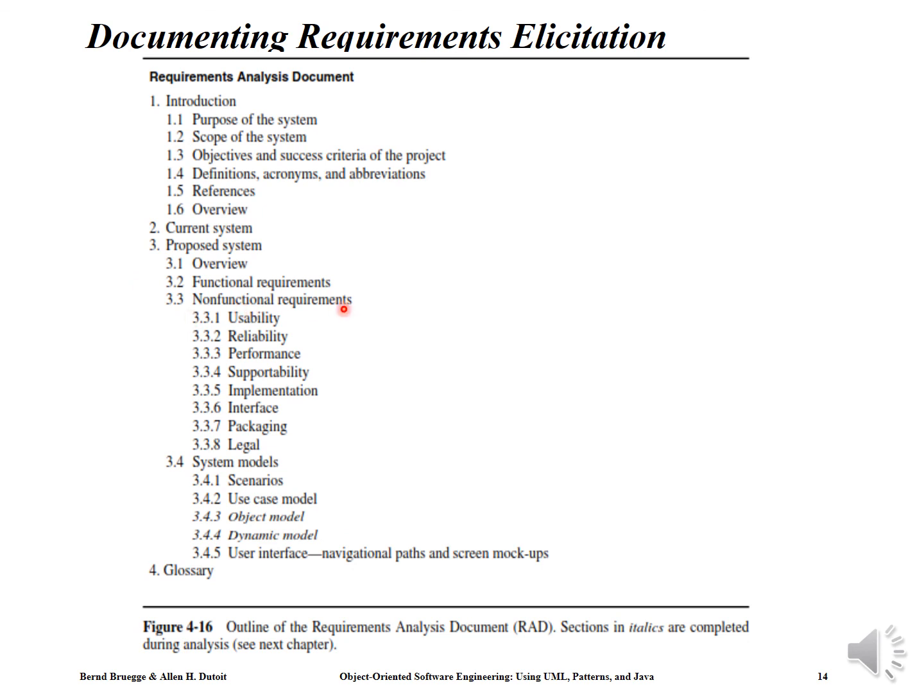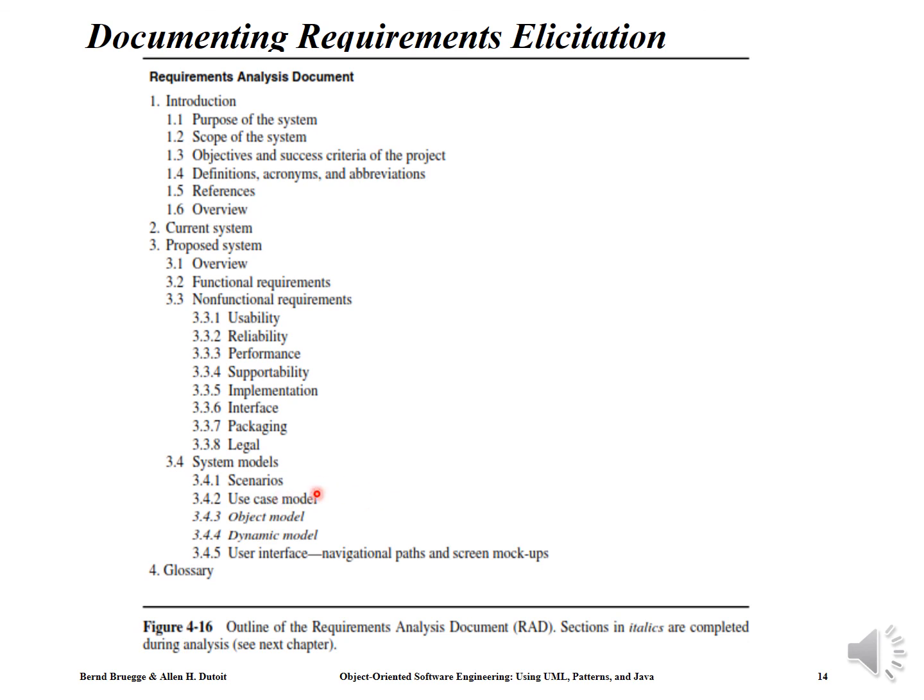Then the functional requirements, which describe the high-level functionality. Non-functional requirements describe user-level requirements that are not related to functional requirements. Then the system models, where you describe the scenarios, object model, use case model, and dynamic models like sequence diagram and state diagram. The RAD should be written after the use case model is stable.